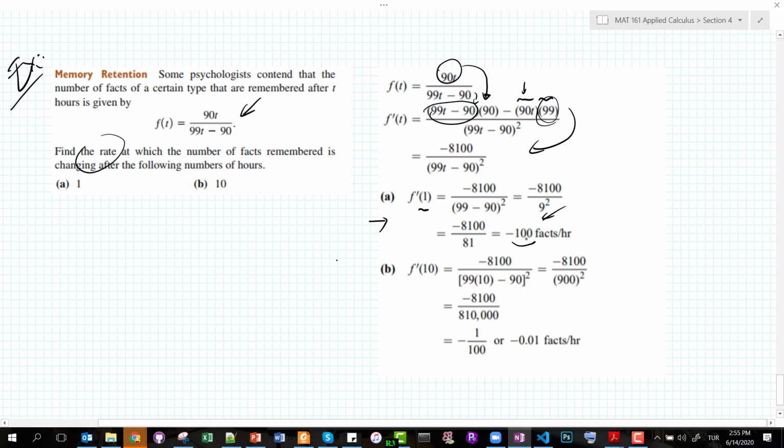It keeps decreasing, but as you see, after 10 hours the rate of change of facts remembered will be less, as usual. Depending on the situation, of course, but we experience the same situation in real life. Of course, you can discuss the correctness of this model, but if you accept this model is correct, that's how it works.